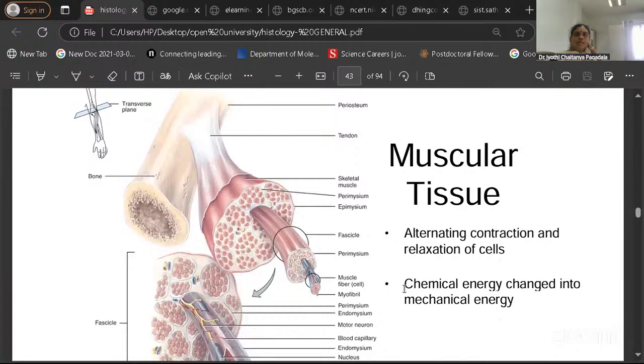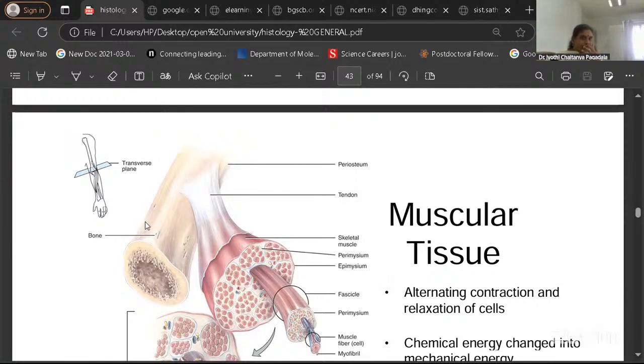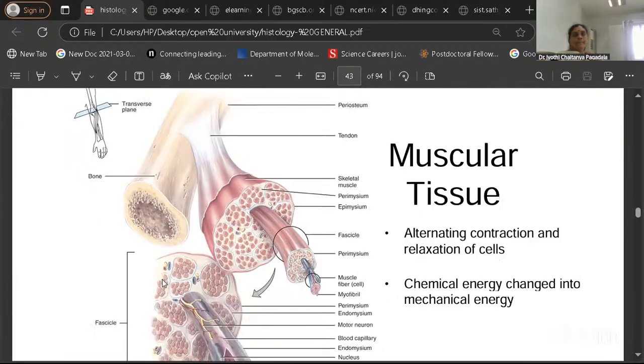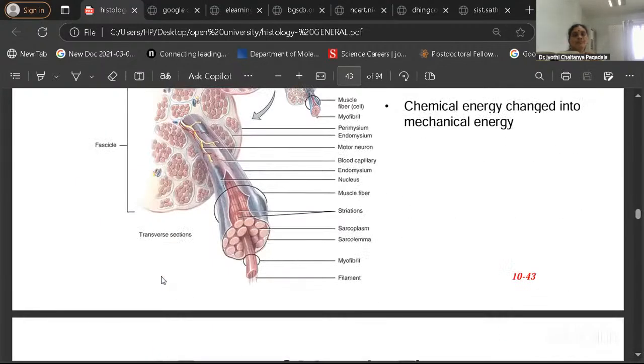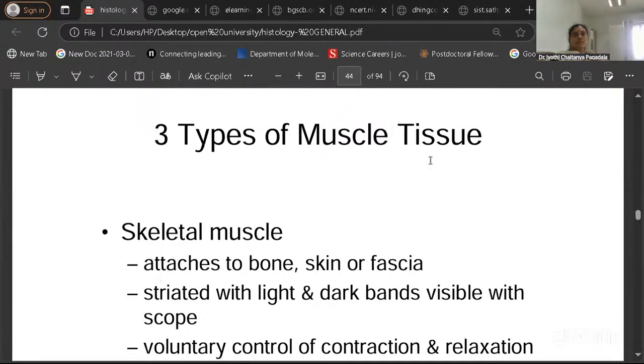And when coming to the muscular tissue, through alternating contraction and relaxation of the cells, chemical energy is changed into mechanical energy. Here you can see in the image three types of muscle tissue.